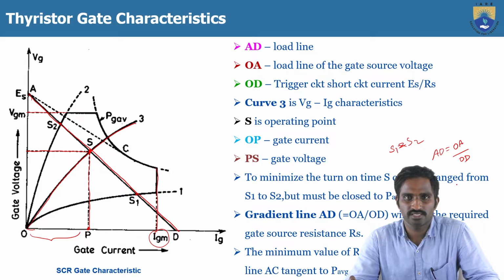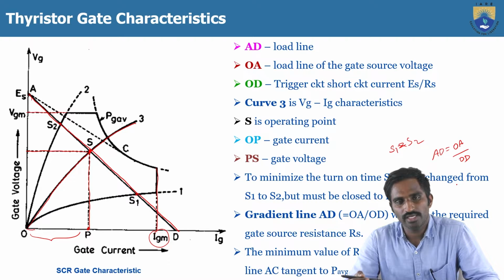From these gate characteristics, we have identified the gate drive region, which means the safe region. In this safe region, you can give any gate current and gate voltage so that the thyristor will turn on properly, without getting damaged.